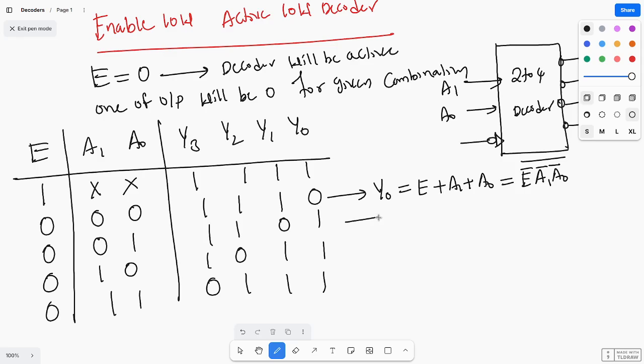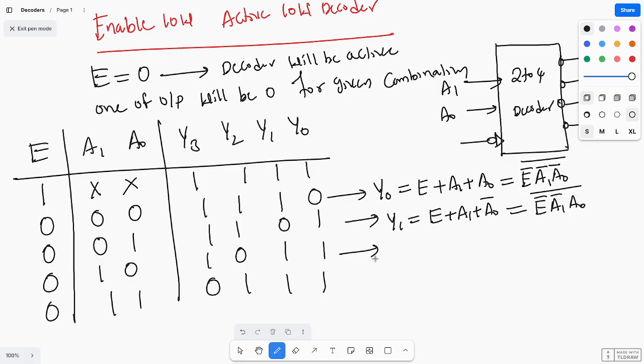Similarly Y1 equal to enable plus A1 plus A0 bar. Just apply De Morgan's law: enable bar, A1 bar, A0, whole bar.